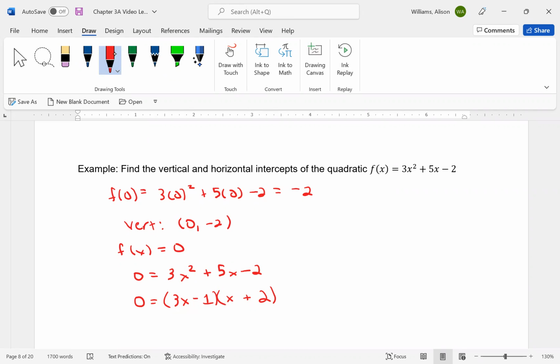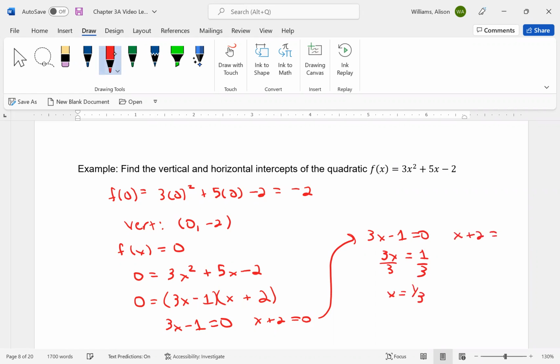Okay, now that I've factored, I'm going to set those things equal to 0. So 3x minus 1 equals 0 and x plus 2 equals 0. I'm running out of space. So 3x minus 1 equals 0. Let me add the 1 to the other side and divide by 3. So x equals 1/3. And then x plus 2 equals 0, that's when we subtract the 2, so x equals -2.